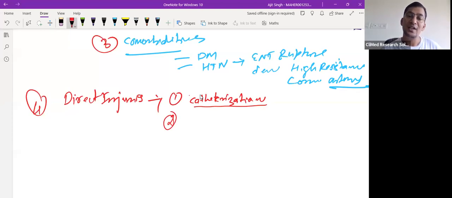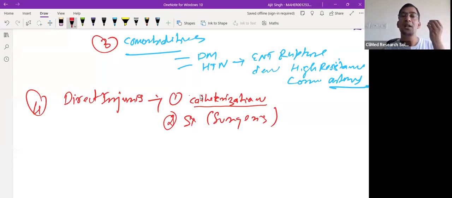Number 2 is if something is happening somewhere else, such as surgeries. Suppose one surgery is going on in your brain, or an amputation in your leg. Sometimes a little thrombus or little plaque, when the blood clot is very small and can float in our circulatory system, we call it plaque.